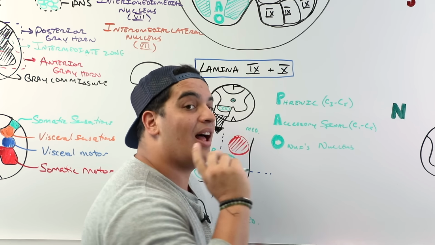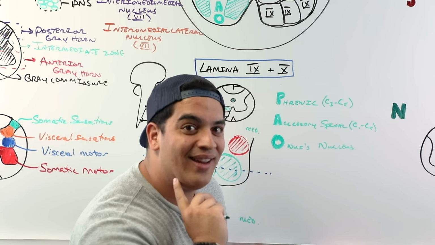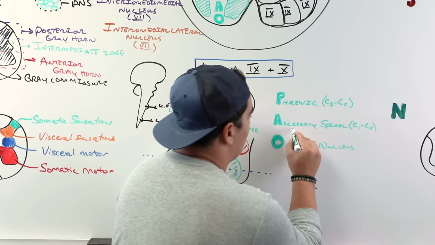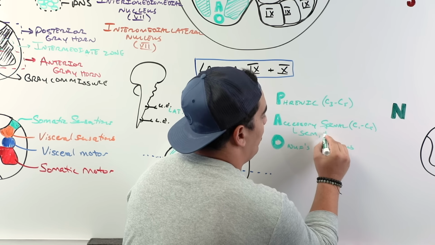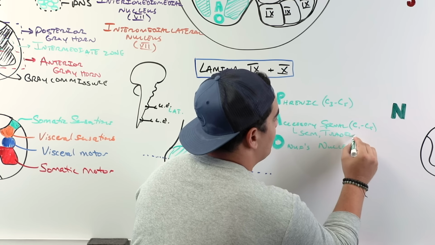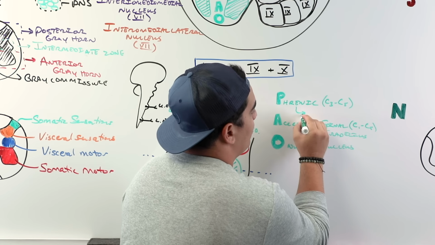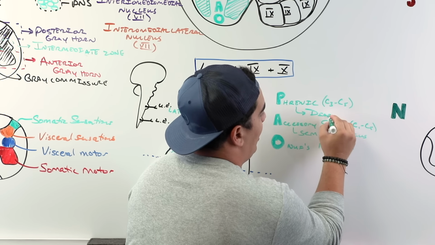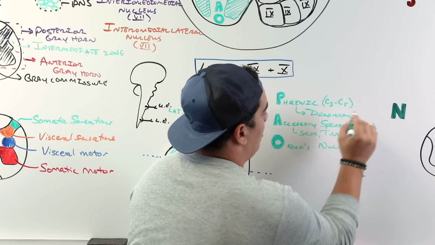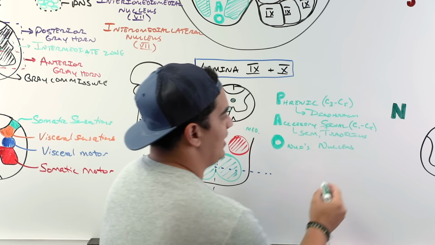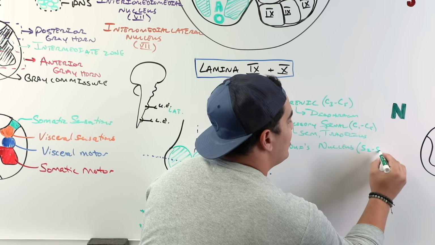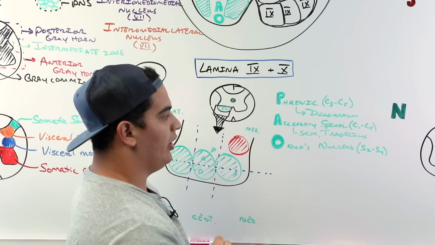And that is going to be supplying the sternocleidomastoid and the trapezius. So what does this one supply? Sternocleidomastoid and the trapezius muscles. Whereas the phrenic nerve will supply the diaphragm.